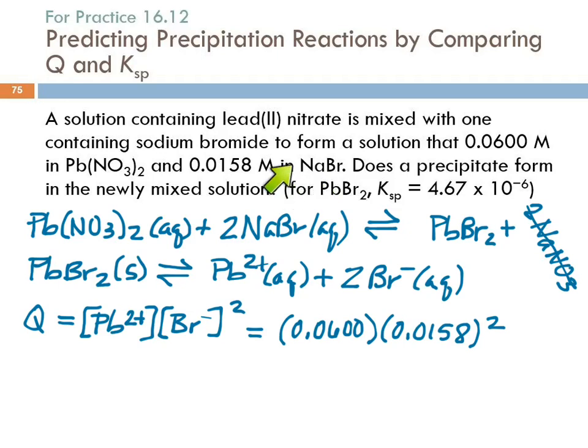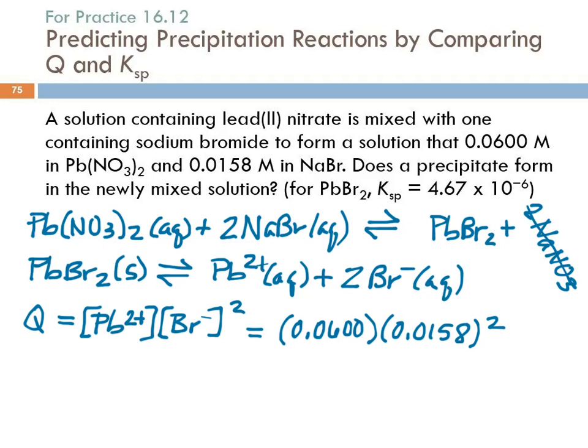There's one bromide ion in every one formula unit of sodium bromide. If this was calcium bromide, CaBr2, then we'd have to double this concentration to get the concentration of bromide ion. So be careful. Here, Pb(NO3)2, we've got twice as much nitrate, but we don't care about that. It's 0.06 molar in lead-2 nitrate, which is the same as 0.06 molar in lead-2 ion.